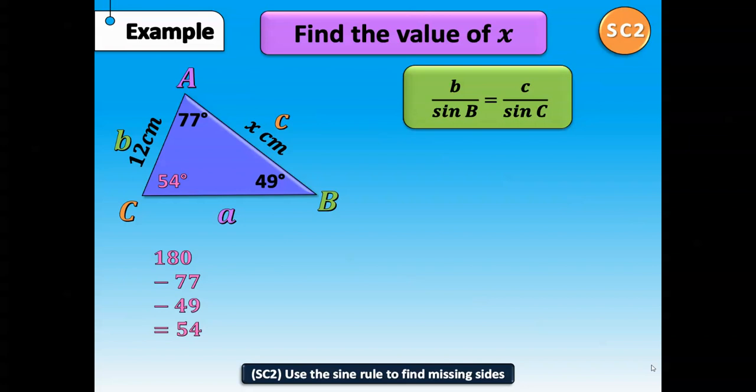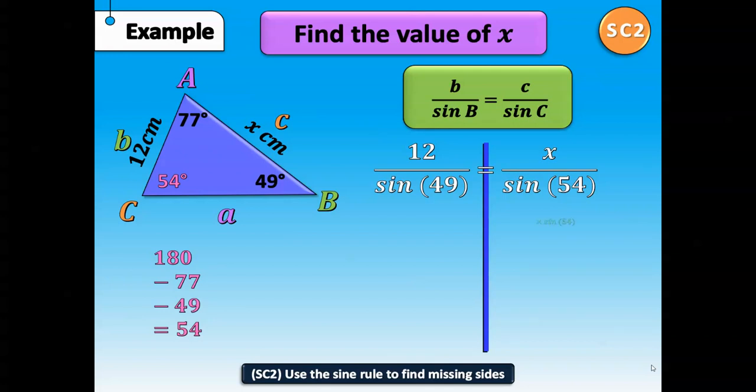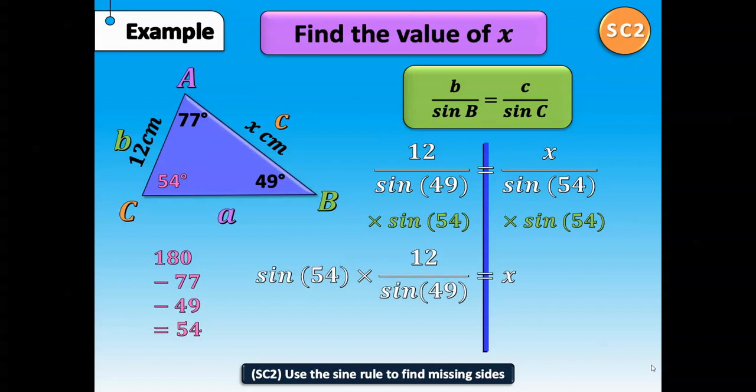So this time I'm going to use b over sine B equals c over sine C. Substitute in my values, and then I need to get rid of the sine 54. So I times both sides by sine 54. Gives me this. So x is 12.9 centimeters.